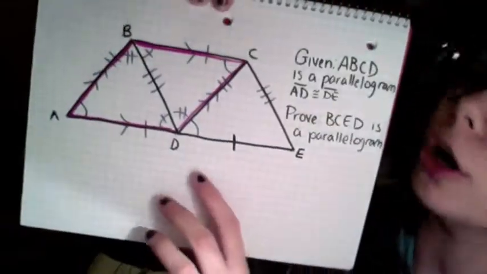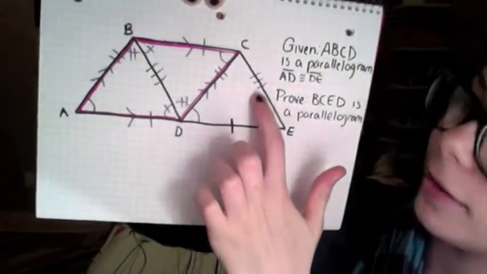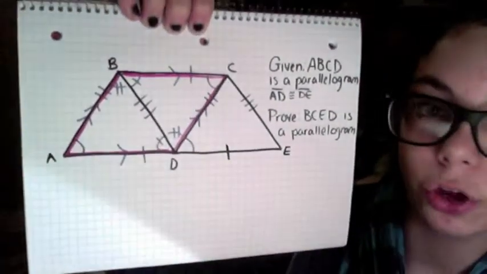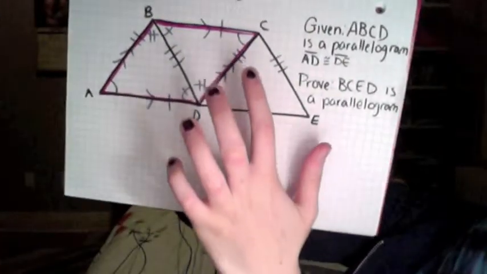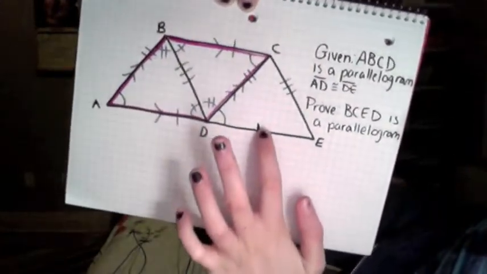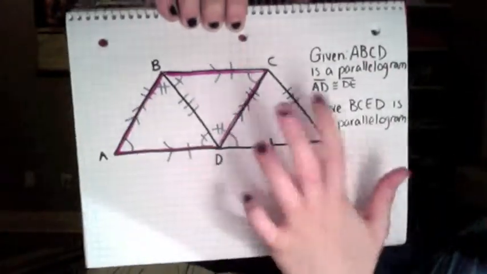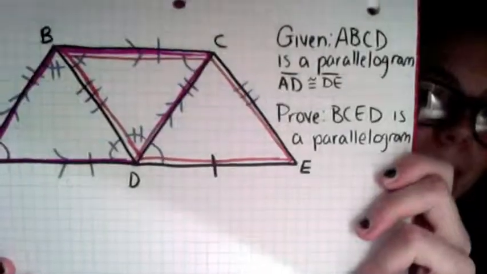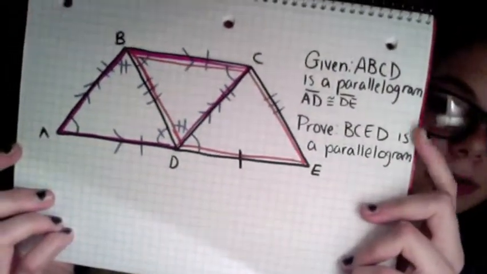So I just marked that side and that side congruent. Hold on a minute. If these two are congruent and these two are congruent, it's a parallelogram. Oh my goodness. Gonna use a color. Bam. Let's just look at the proof for a second. Did we prove it? Hell yeah. Case closed. You're welcome, Gabe.